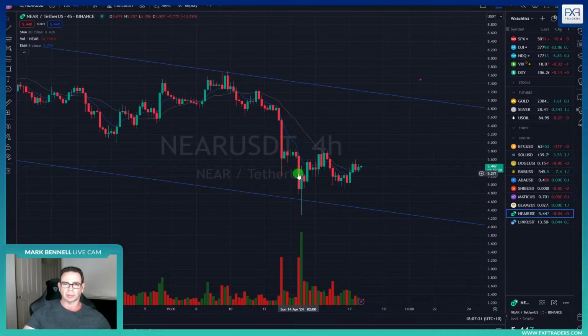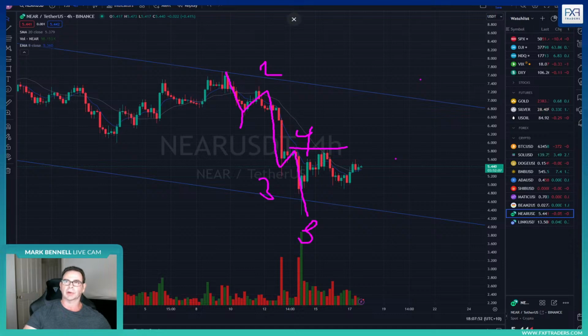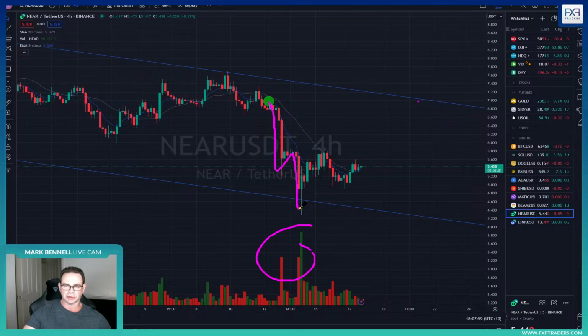What I'm seeing, though, is a little bit early. Now notice here, here's the 4-hour anchor. Have we already got this in place? We very well could have on NEAR. See this here, 5 down, test of the previous 4th: 2, 3, 4, 5. Notice we've got climactic price action here into these 2.